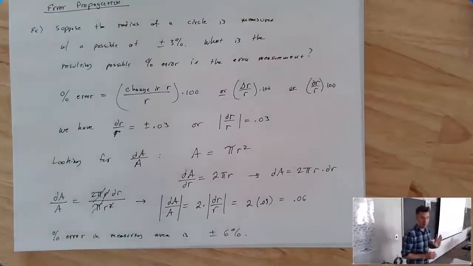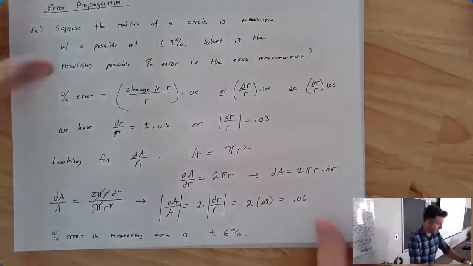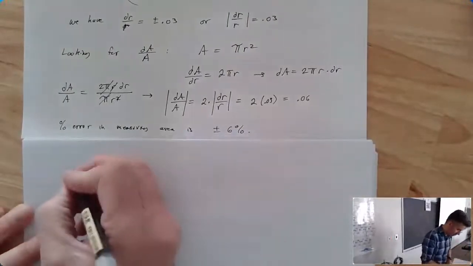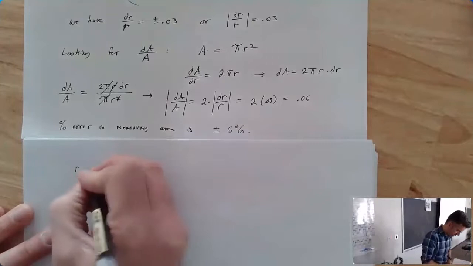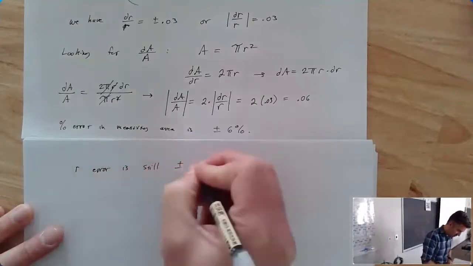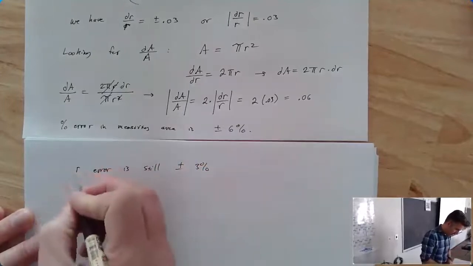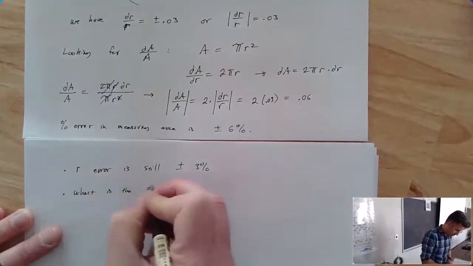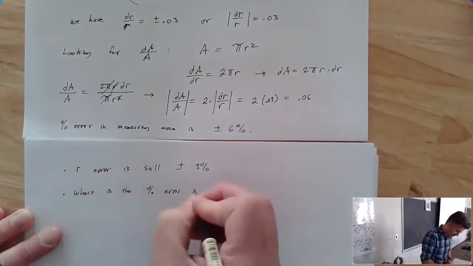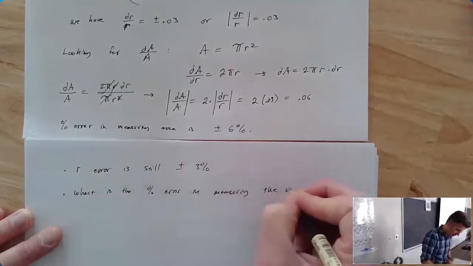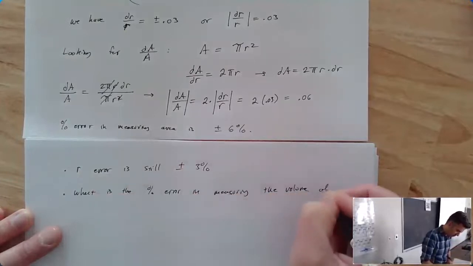So let me ask you all, if instead, the same question, if instead we said measure the radius, but now we have a sphere, so then our radius error is still plus or minus 3%. And now what we're asking is, what is the percent error in measuring the volume of a sphere with that radius?